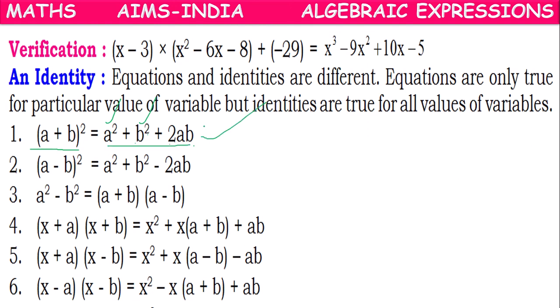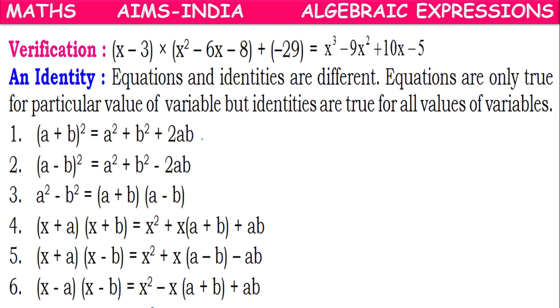This is the formula. If you have (a minus b) whole square, first term square, second term square, minus 2ab. If you have plus in the middle, plus 2ab will come; if you have minus in the middle, minus 2ab will come.